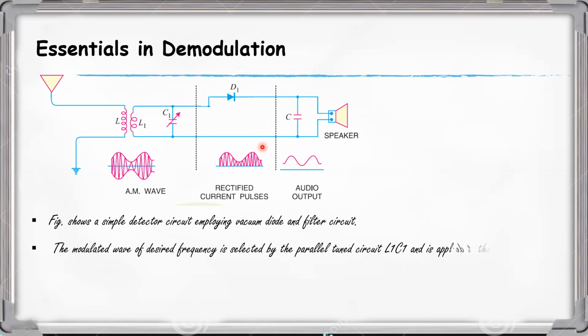So the working is, we know that in the receiving antenna there will be the modulated signals from the various radio stations, and if we adjust the value of C1, the parallel tuned circuit L1 C1 selects a particular frequency and that is fed into the diode.